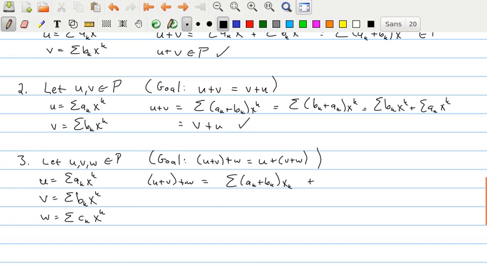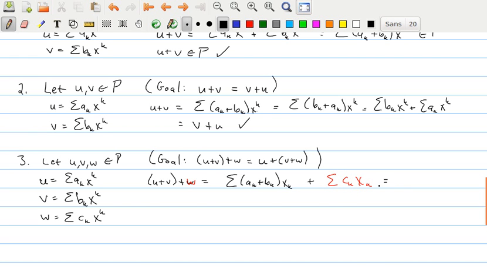And this w will sort of come along for the ride. Let me just for emphasis, this w is the sum of ck x to the k. So we've taken the u plus v and added that together first, and then we've tacked on this w.